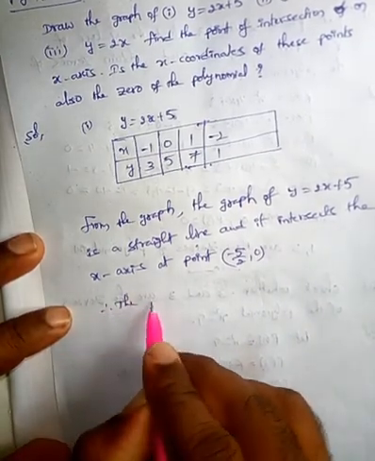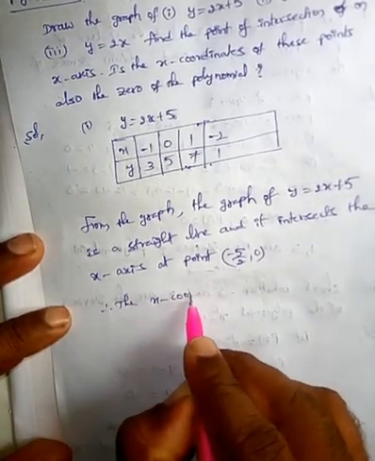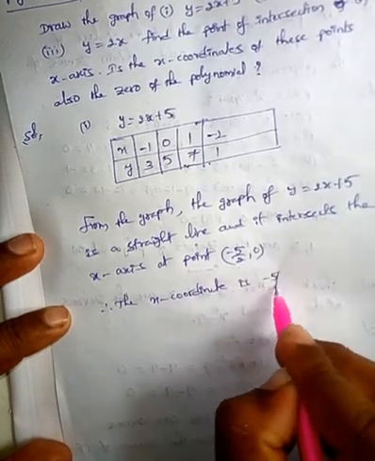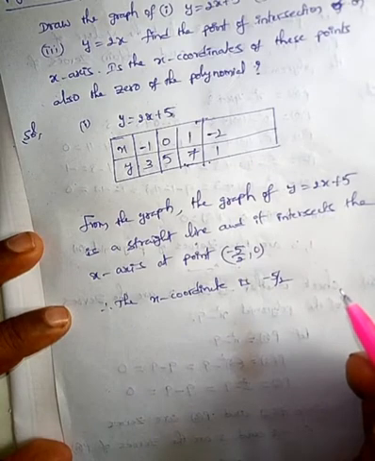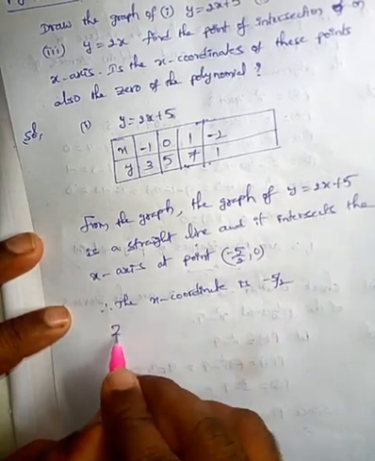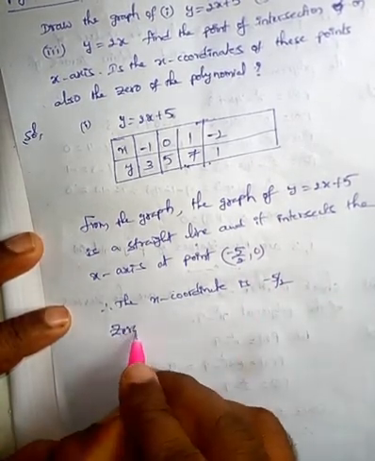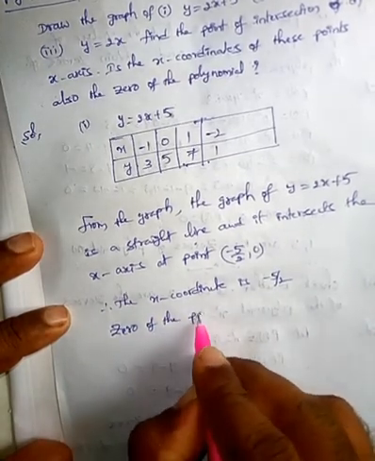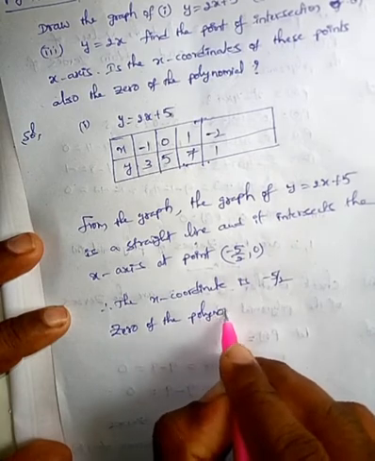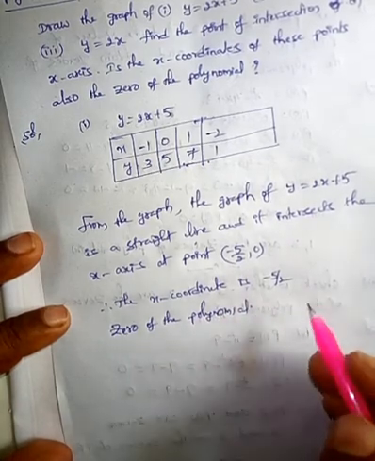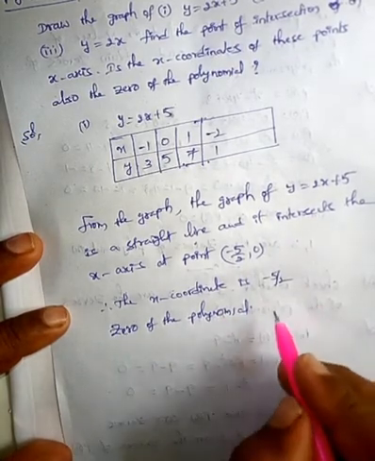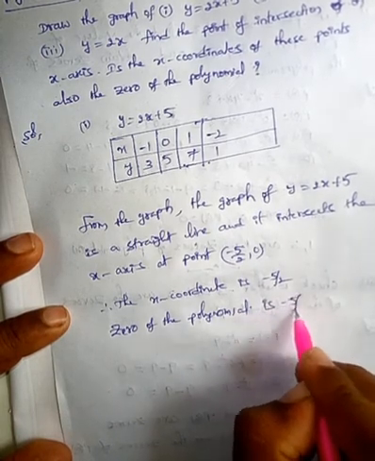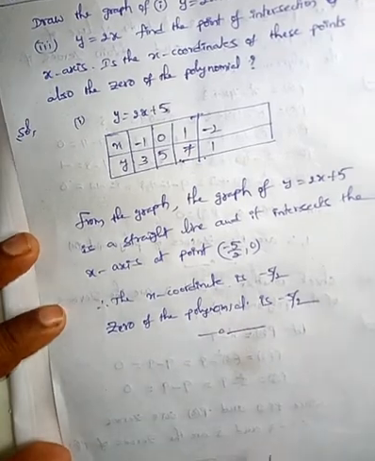So in this point the x coordinate is minus 5 by 2. So therefore this is the 0 of the polynomial. 0 of the polynomial is minus 5 by 2. Okay.